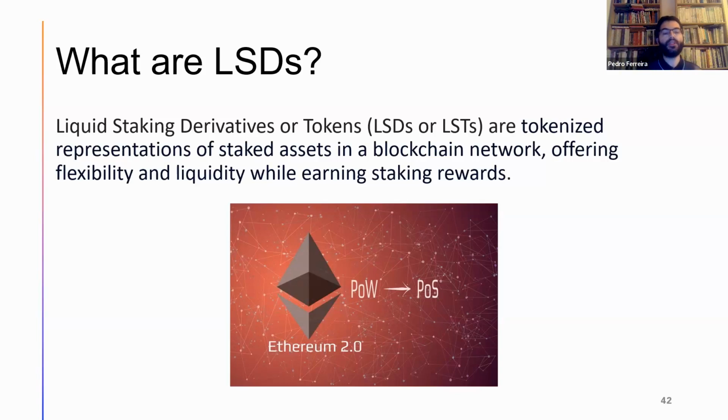So basically, how the network works is like this. I have 32 Ethereum. I deposit in this platform, and I'm assuring all the transactions are correct in the blockchain. And in reward, by approving the transactions, I'm receiving the fees and the benefits from the network. That means that those 32 Ethereum are technically receiving a yield from approving transactions.